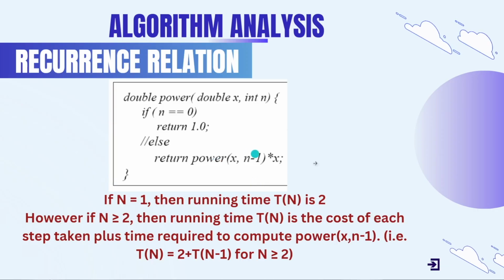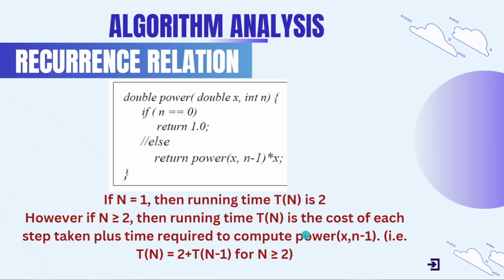Next is with respect to recursive functions. At times we may even have recursive functions in our code. Whenever we have recursive functions, we may have to use recurrence relations to compute the complexity function. Here we have a function named power that is used to compute the power of some number.